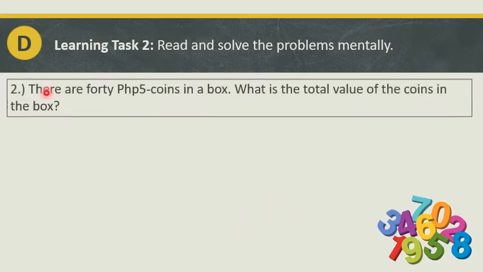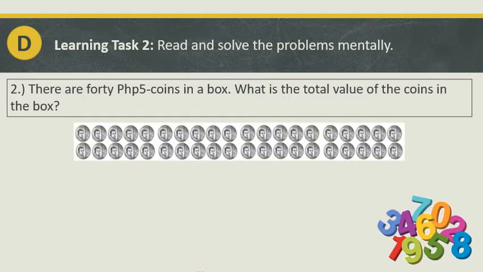Okay, so number 2, there are 40 five-peso coins in a box. What is the total value of the coins in the box? So, meron tayong 40 na tigli-5 piso. So, ngayon, ilan daw lahat yan? Magkano daw lahat yan?